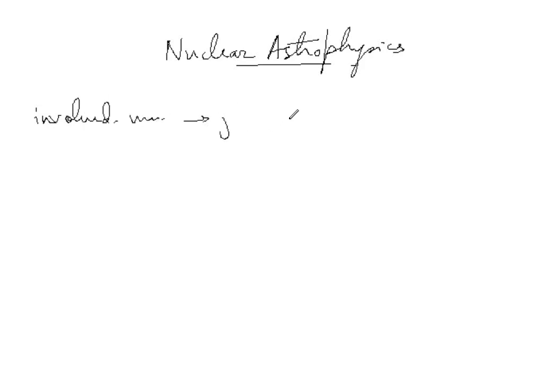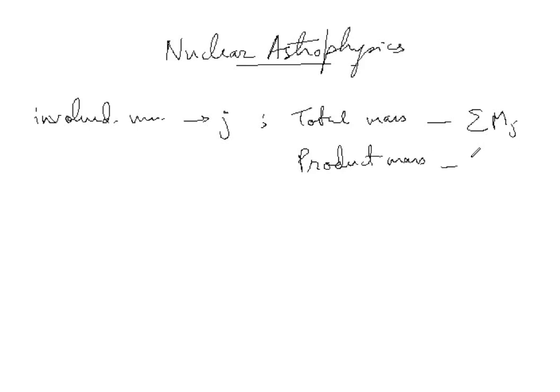Now, before this process, the involved nuclei, say j, have a total mass, summation mj. You have to remember that this total mass must be different from that of the product mass, and the difference is what we see as the nuclear energy.